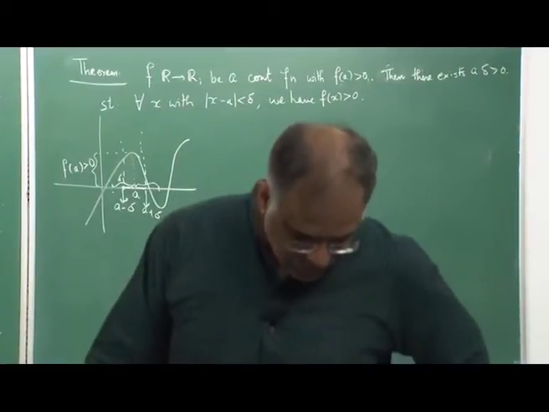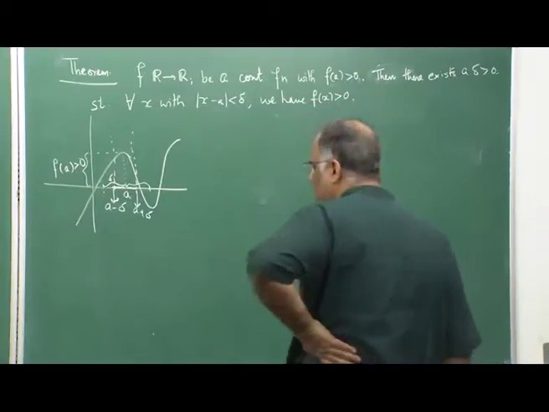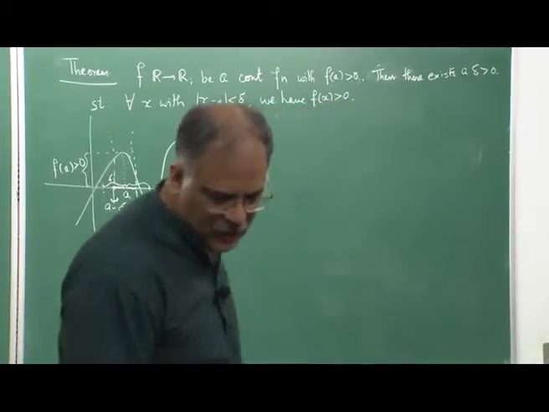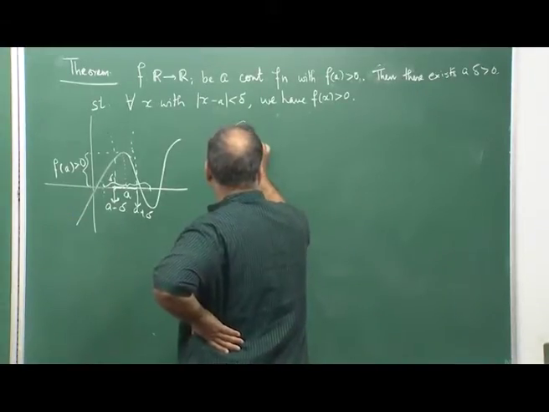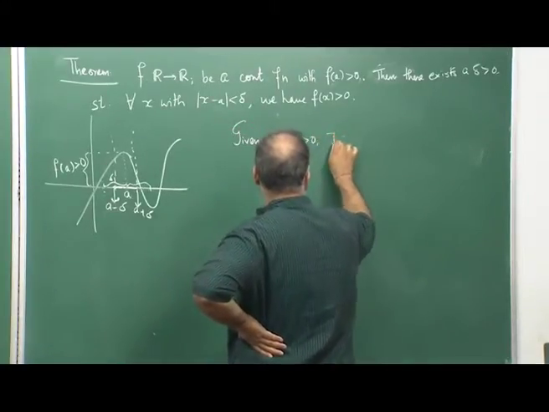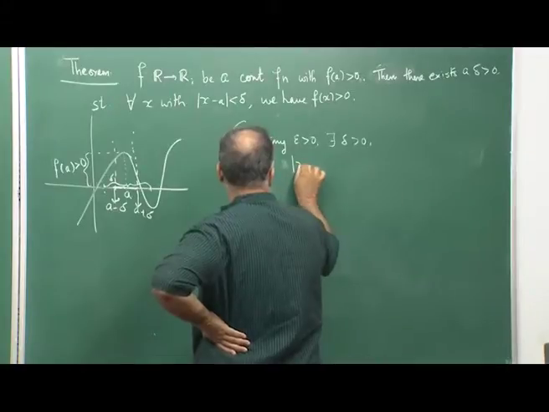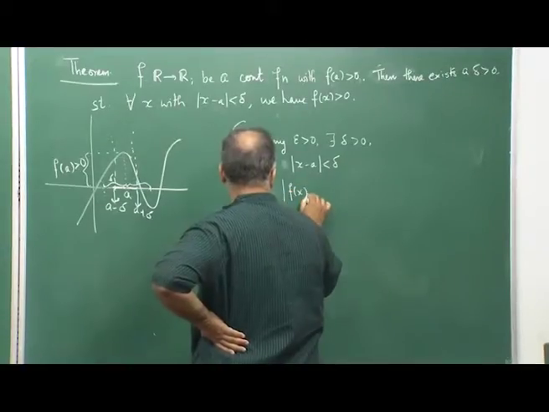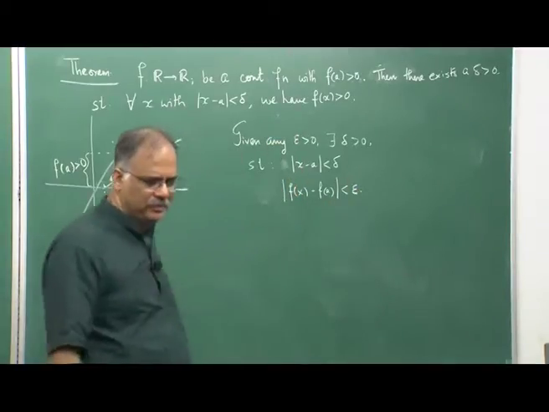Okay. So now because f is continuous, I would go and give a definition, basically this: given any epsilon greater than 0, there exists a delta greater than 0 such that whenever I have |x minus a| strictly less than delta, |f(x) minus f(a)| is strictly less than epsilon.